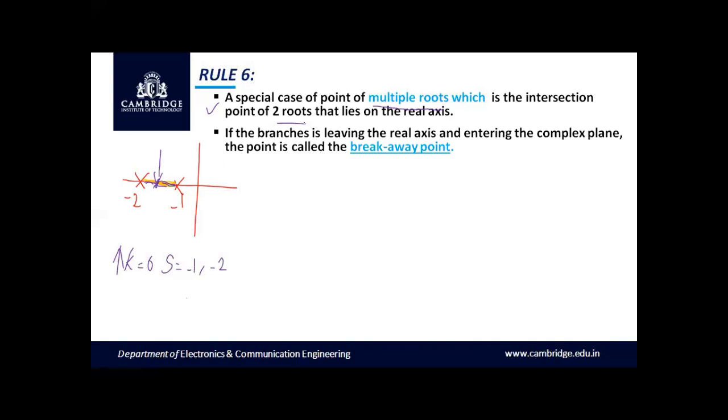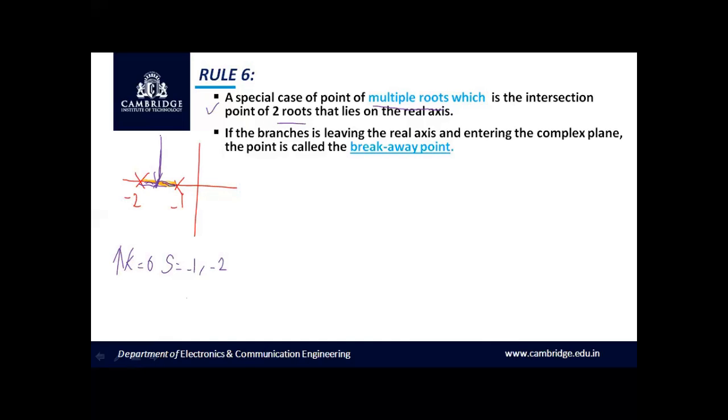And now the question is whether the branches are leaving the real axis or entering the real axis. This is what we have to analyze now. In this example, if you clearly look into the movement of the branches, it is very evident here, that is, the branches are moving towards this direction.